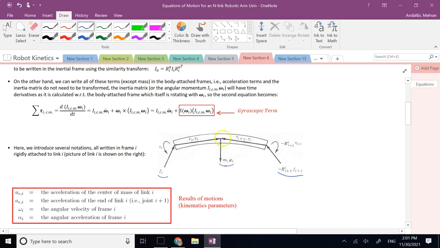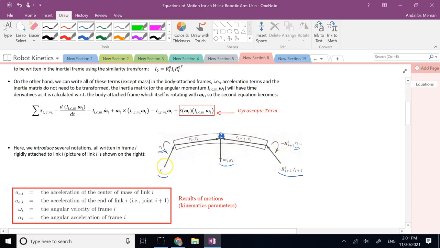Also, if you take the sum of the moments or torques about the centroid, mg doesn't do anything because it passes through the centroid. The two torques ti and ti plus 1 transformed back to frame I, they definitely do something. You have to add them together. They are coupled.